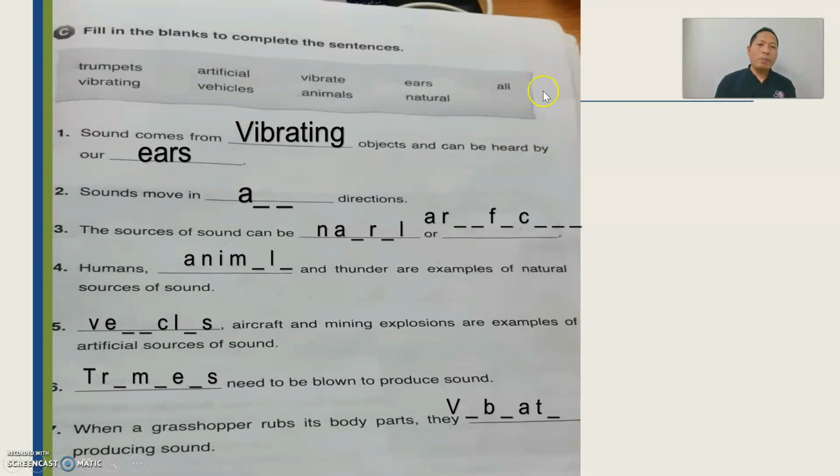So all you have to do is find those words that start with letter A, that start with letters AR, that start with NA, start with AN, that start with B, start with TR, and start with V. So all you have to do is fill in the letters. Okay? I'll give you 5 minutes.